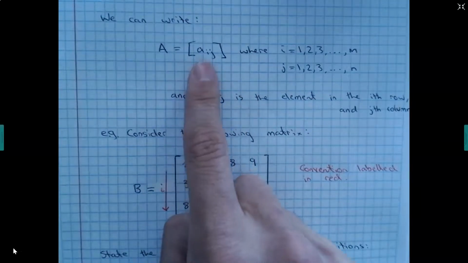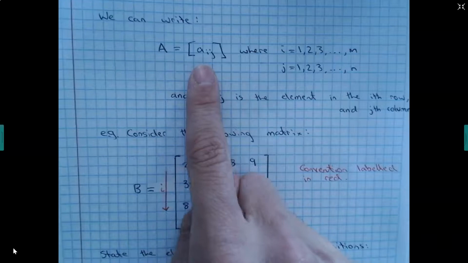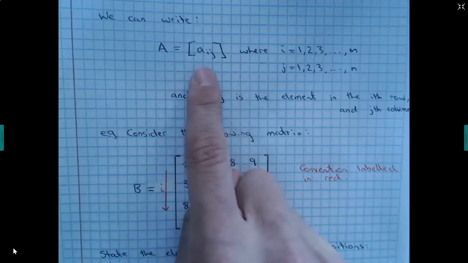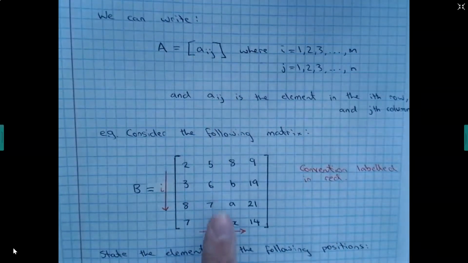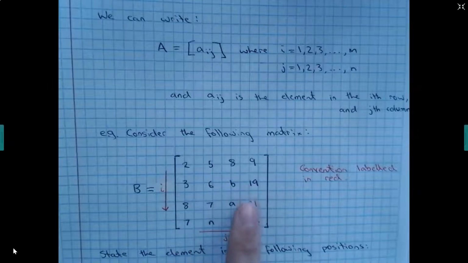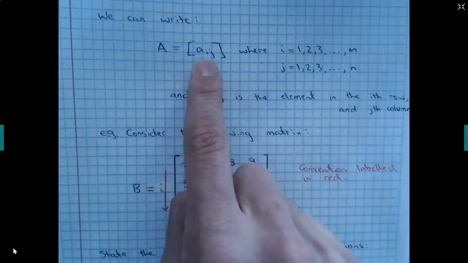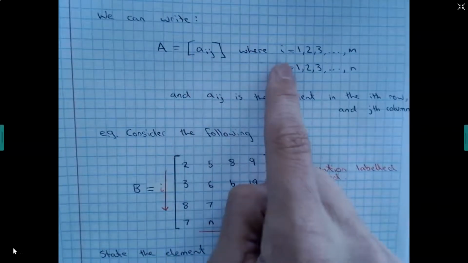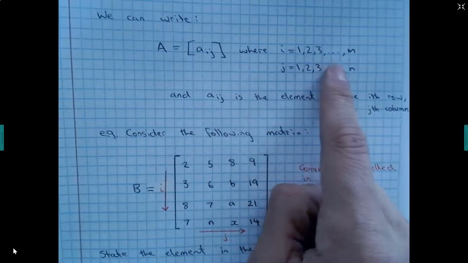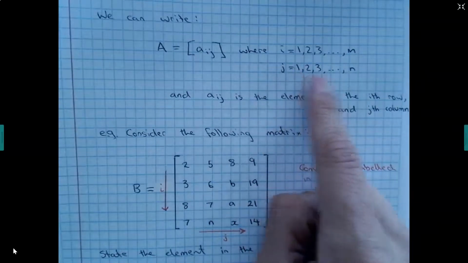You might look at this and say, what on earth does this mean? So all this is saying is in a matrix, I can label any of these inputs using this convention here. So A, i, j, where i can be 1, 2, 3 through to m, or j can be 1, 2, 3 through to n.